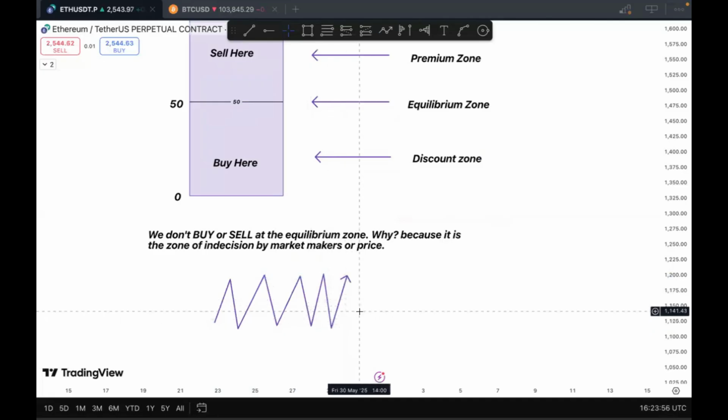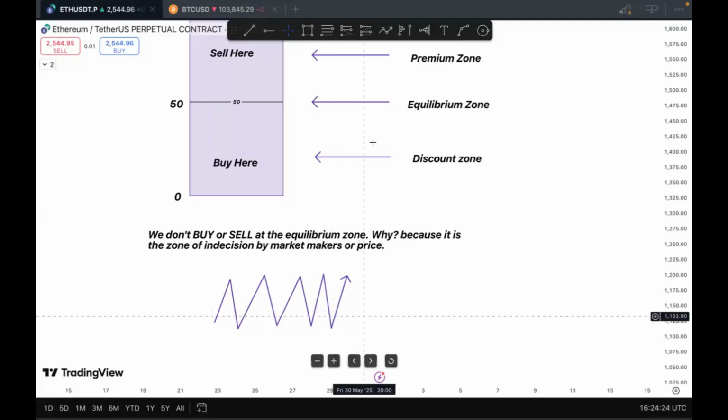It's a point where they are not certain where price is going. They don't know where price should be going. So if you enter a trade there, you will lose the trade. There's a high probability that that trade will be in a loss. So you don't want to gamble your money, whether it's $50, $1,000, or even 1 million US dollars. You don't want to gamble your money trading at the equilibrium zone.